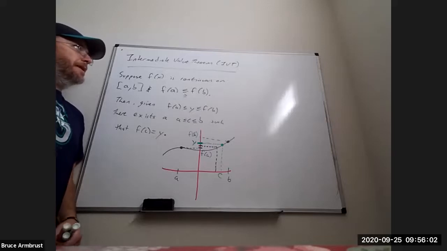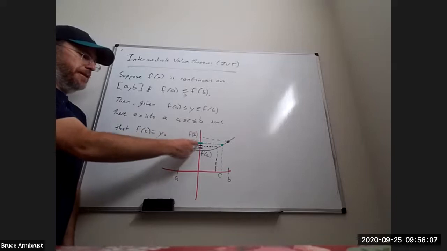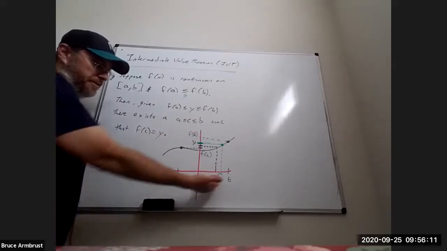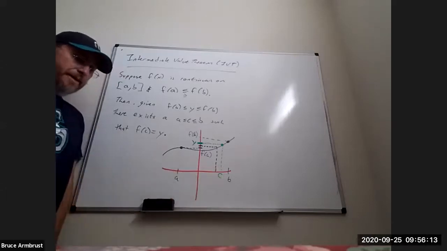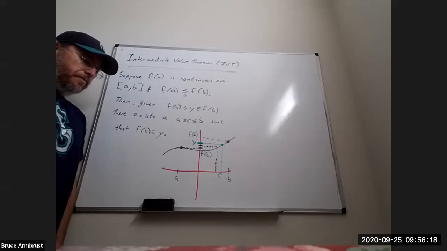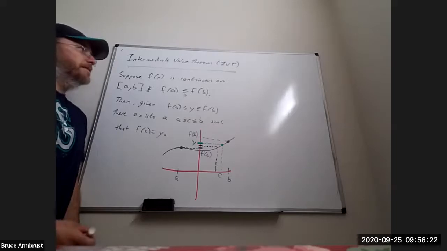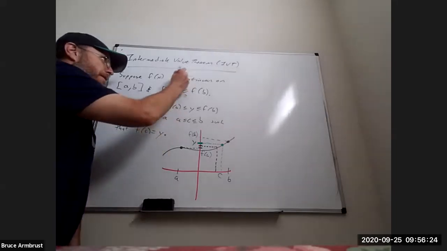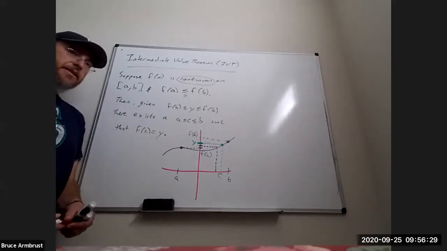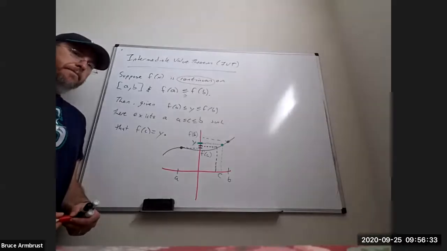So this is called the intermediate value theorem because it says that given any intermediate value in between these, you can find a point somewhere between them that gives us that value. But the most important piece of this is that it must be continuous, because if it's not continuous, this isn't a guarantee.